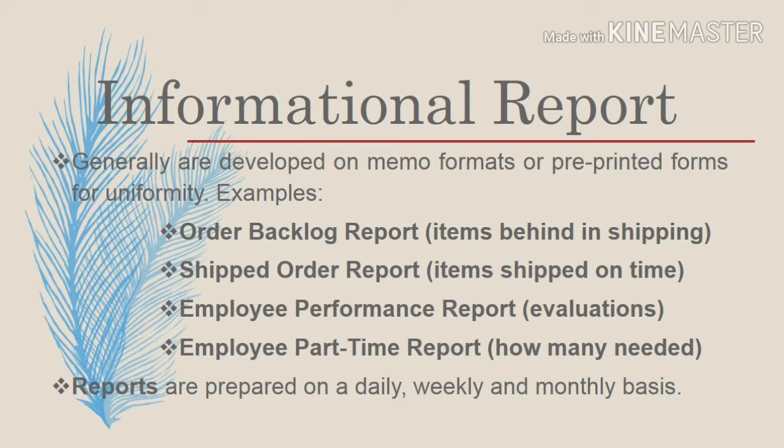Informational reports are generally developed on memo formats or pre-printed forms for uniformity. Examples: order backlog reports, items behind in shipping, ship order report, items shipped on time, employee performance report, evaluations, and so on.